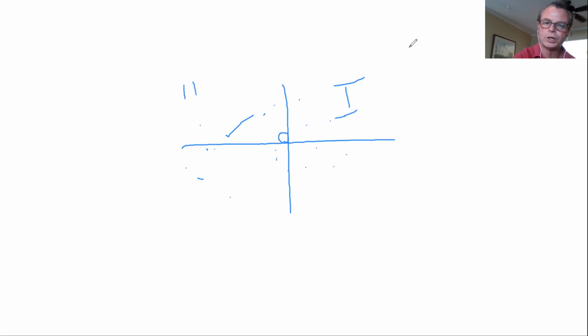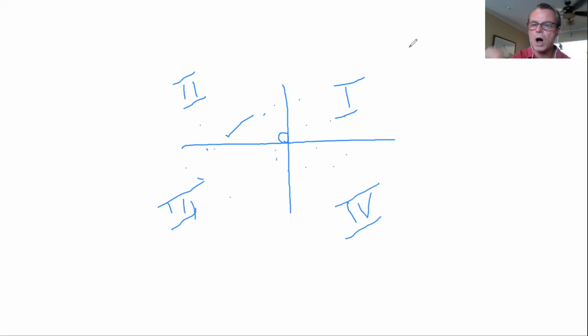And if you were to draw axes through the grand mean, here's quadrant 1, 2, 3, 4. But in quadrant 1 and quadrant 3, ready? Look at quadrant 1. Your residuals for X and Y are both positive. They're greater than 0. So when you multiply them together, it'll be greater than 0. In quadrant 3, they're both negative. When you multiply them together, they're going to be greater than 0.